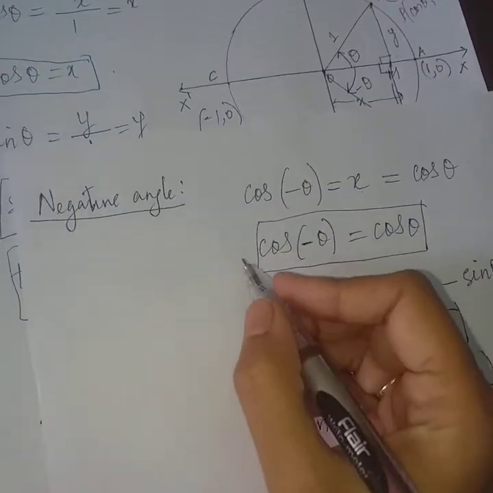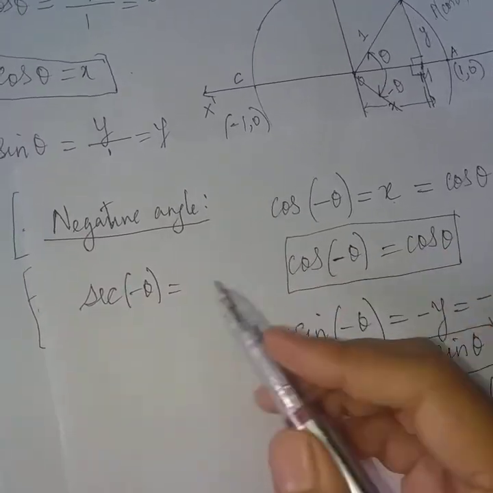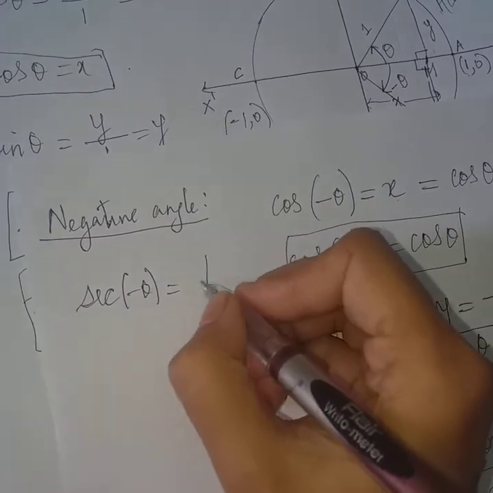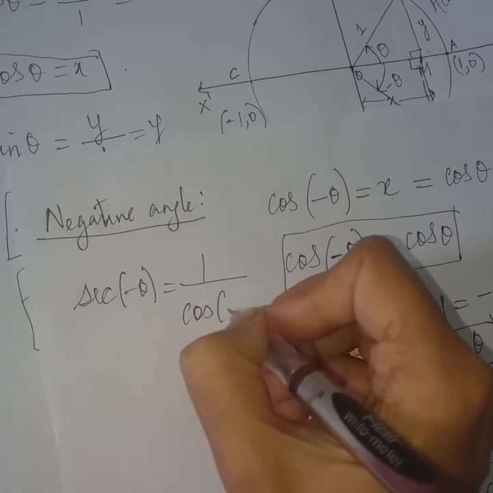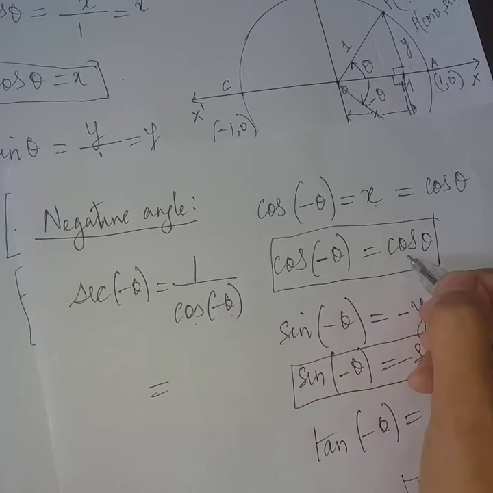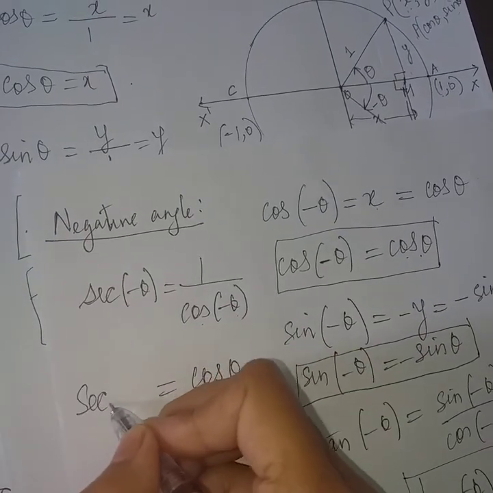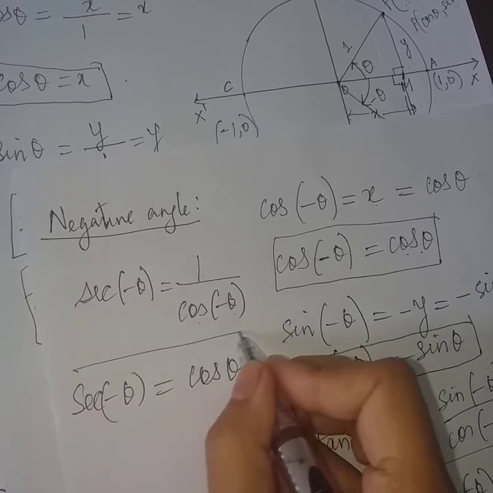And what about the other ratios? Sec of minus theta is 1 by cos of minus theta, the reciprocal of cos. We know cos of minus theta we got to be cos theta, so sec of minus theta is sec theta.